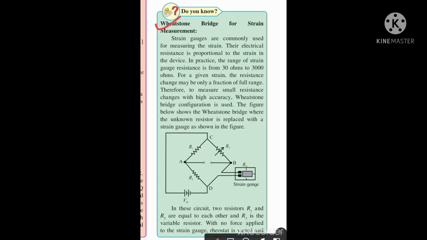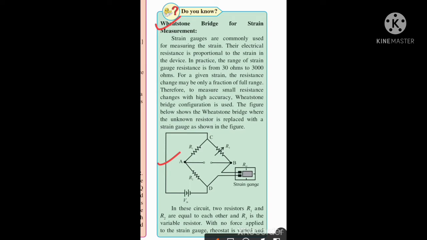For the measurement of strain of a strain gauge device, the Wheatstone bridge configuration is used, and the circuit diagram is given below.